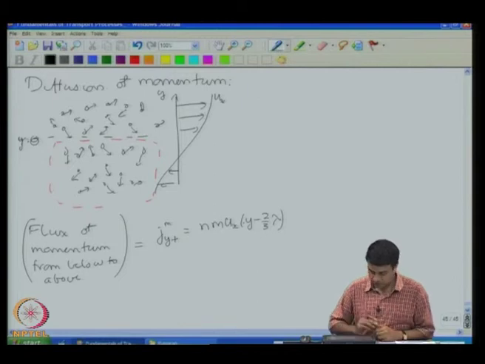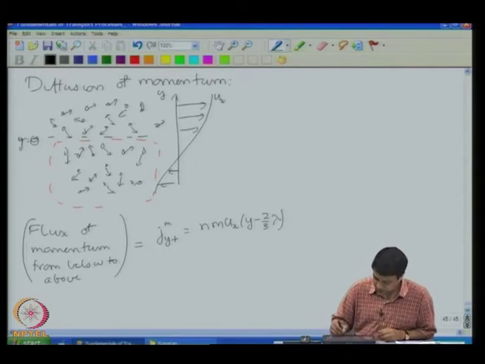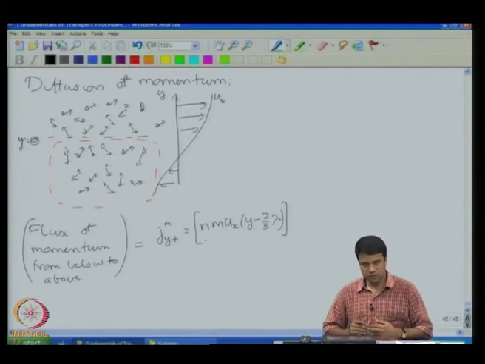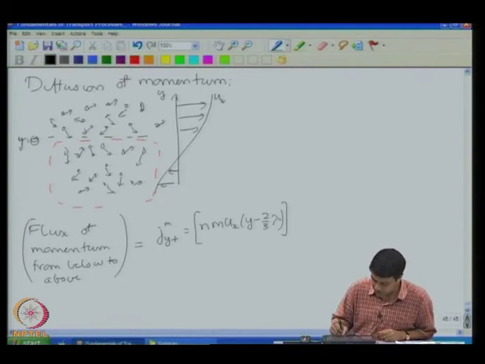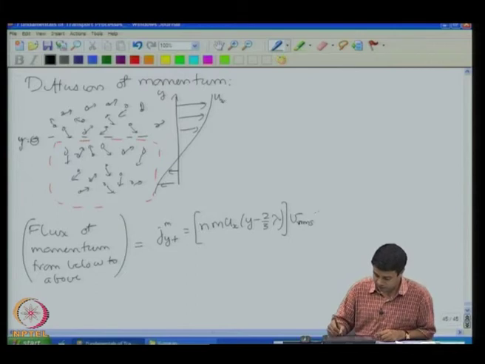This is the momentum of the molecule that is below, times the flux of molecules, which is approximately Vrms times some undetermined constant A.